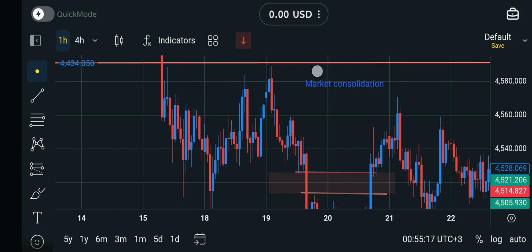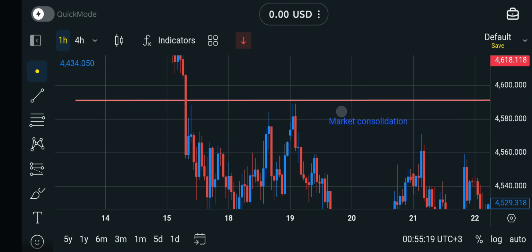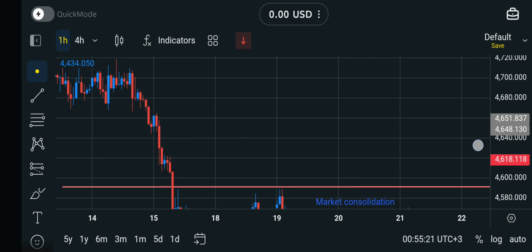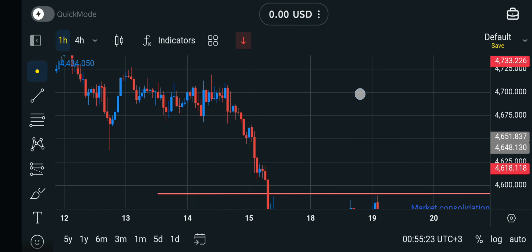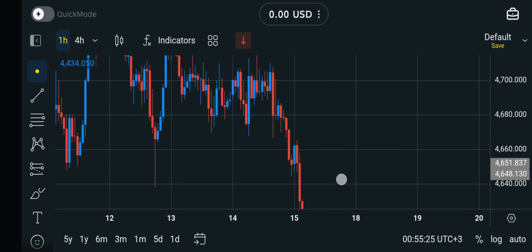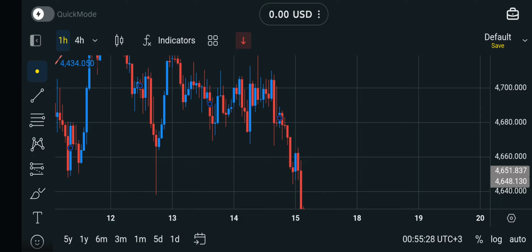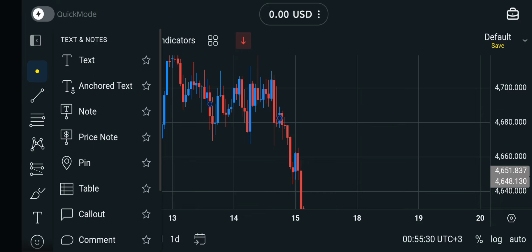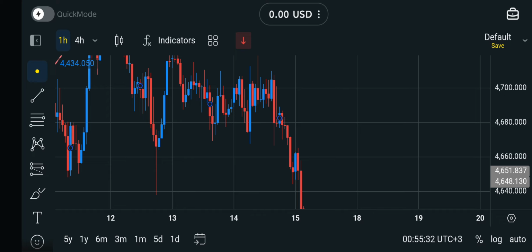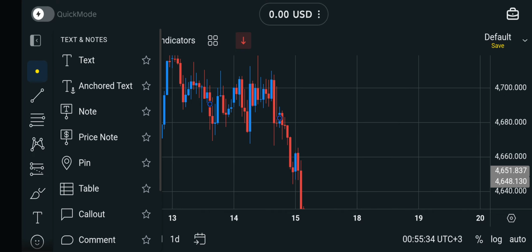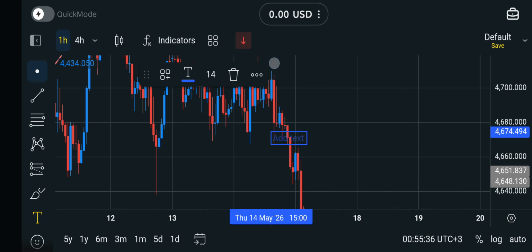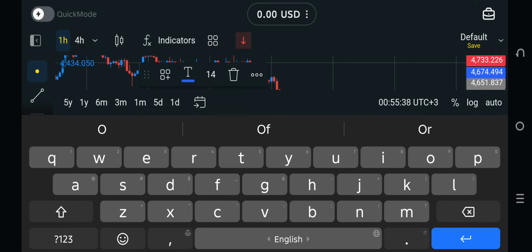For example, this one you can see here is an order block.